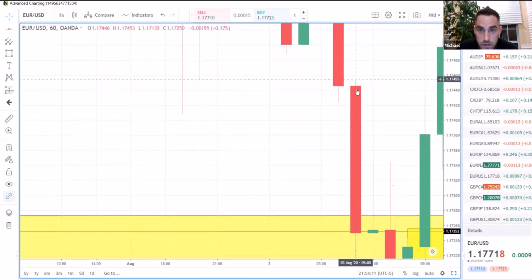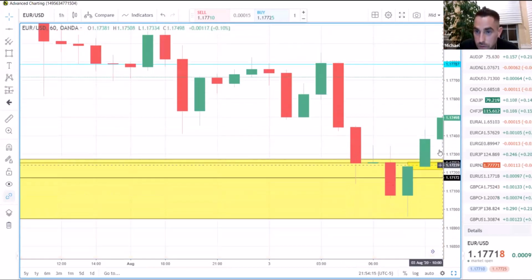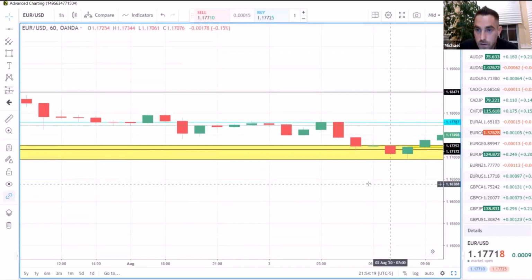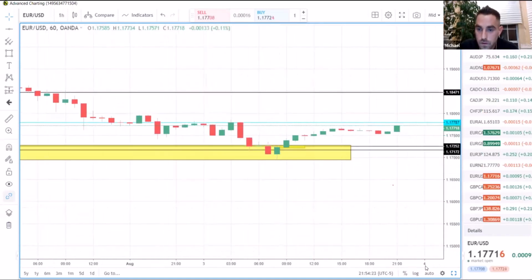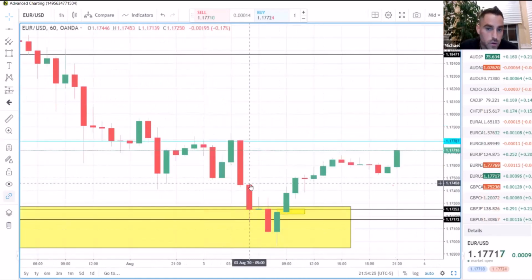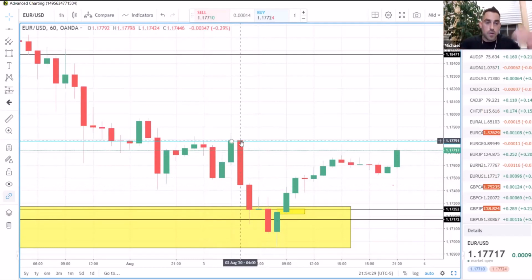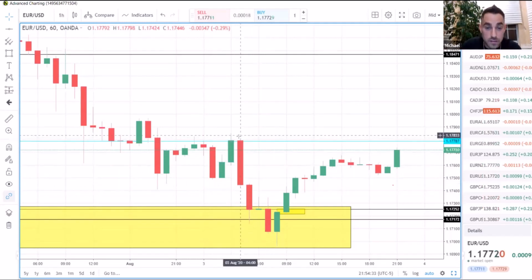Everybody see that little wick? When we go down to what this chart normally looks like, you don't even see it. It's barely there. This will be the only point of opposition that we could have, but that's still the same thing.